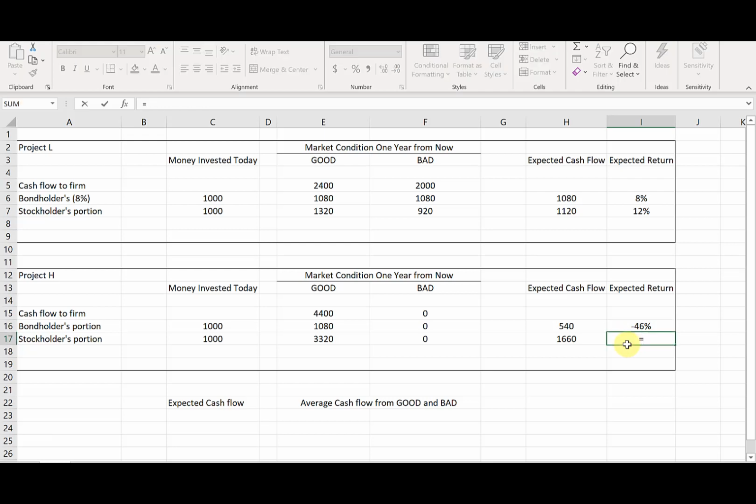Okay, let's calculate the expected cash flow for stockholders. Let's calculate the expected return for stockholders. So it's their expected cash flow minus initial investment, divided by initial investment.